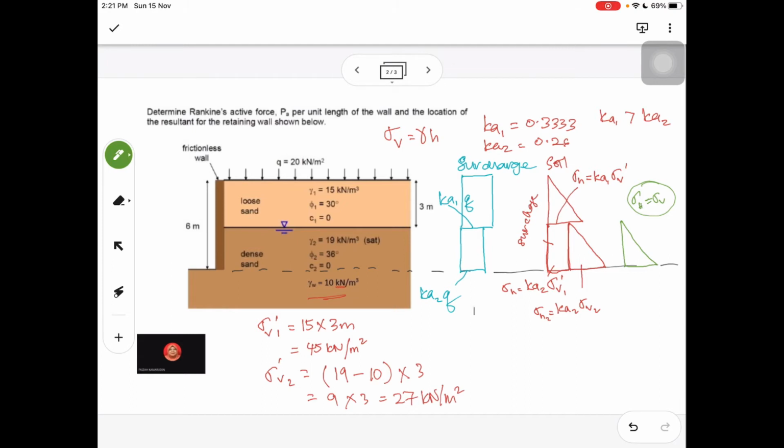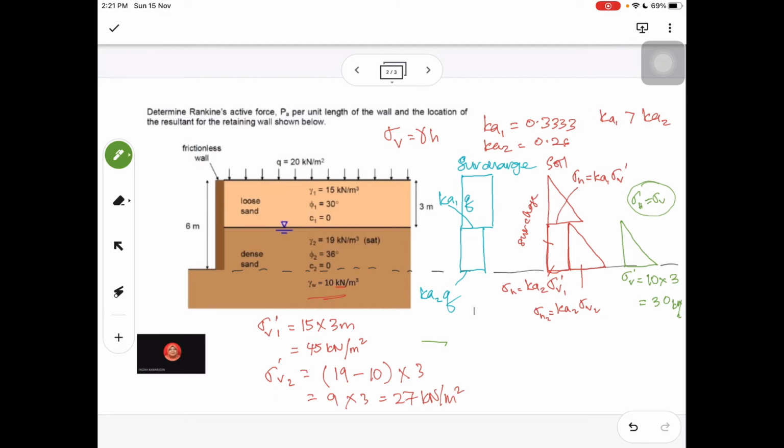So this is sigma V for the water, which equals the unit weight of the water, 10, times the height 3, which equals 30 kilonewton per meter square.